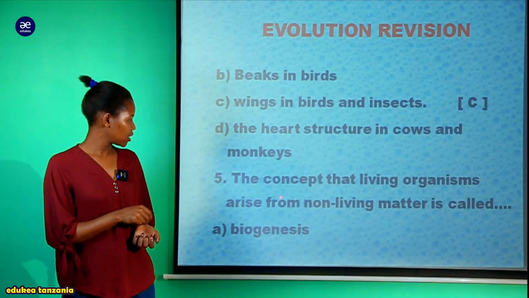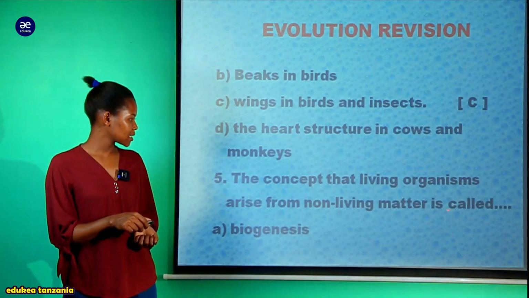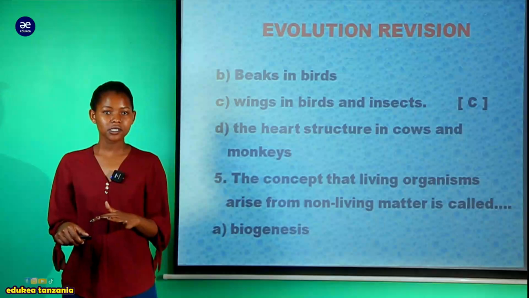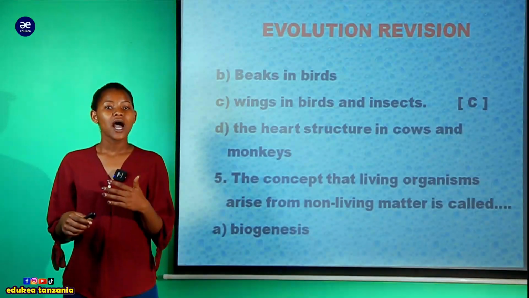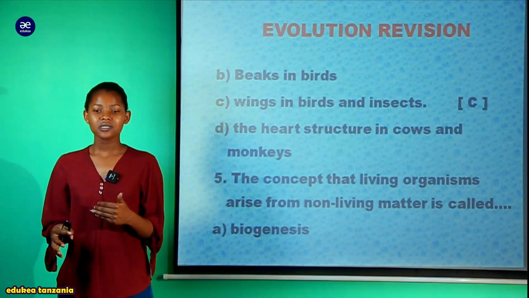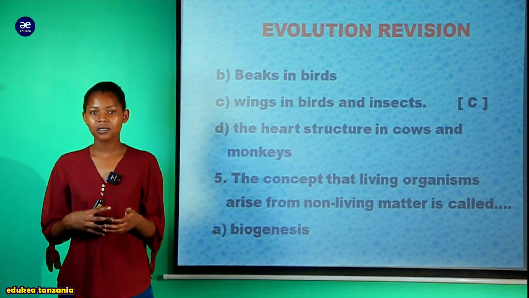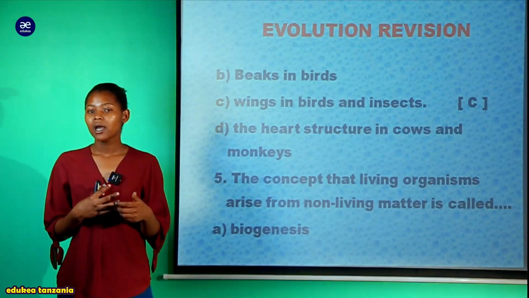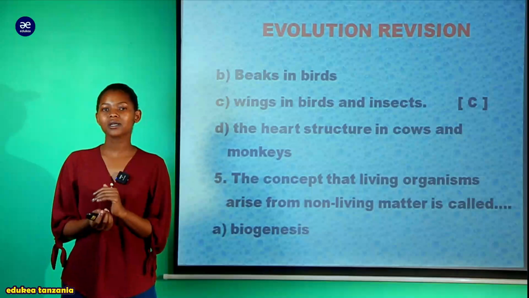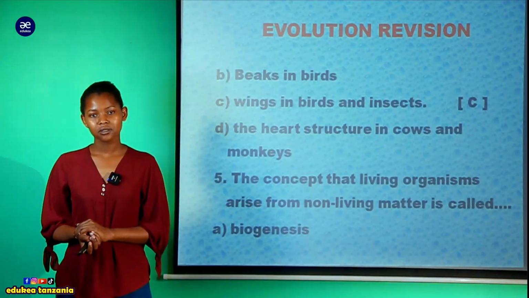Question number 5. The concept that living organisms arise from non-living matter is called dash dash. Now, to explore what that concept is, that living organisms arise from non-living matter, you can find this concept in the spontaneous generation theory.